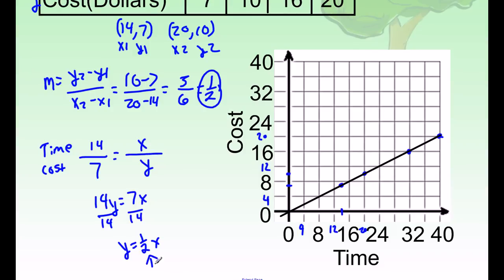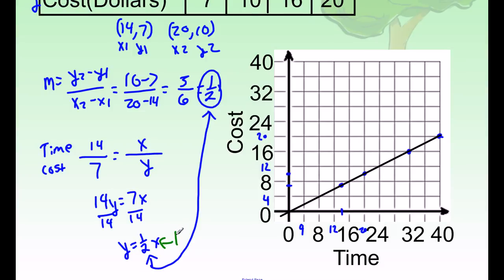This number right here is the same thing as that. And it's not a coincidence. It's not just, oh, look, it's magically both equal to 1/2. No, it's that way on purpose. This is the relationship. So for every X value you put in, if you're there for 1 minute, they're going to charge you half of $1.